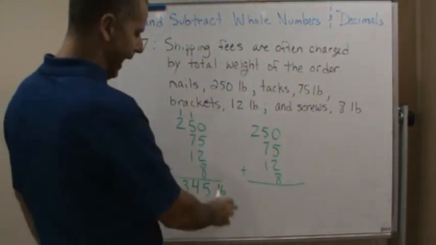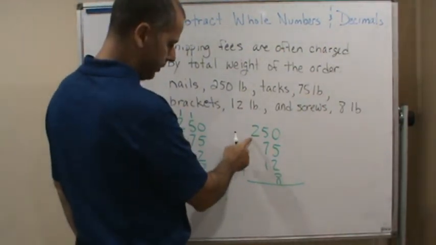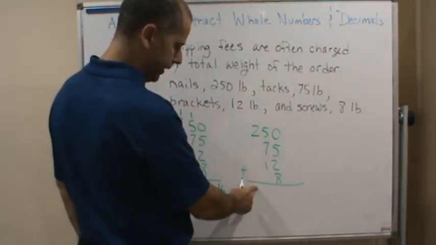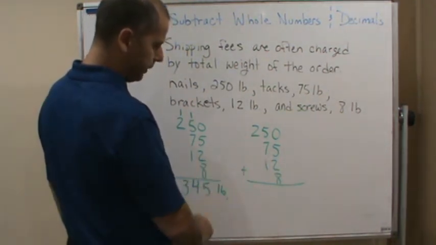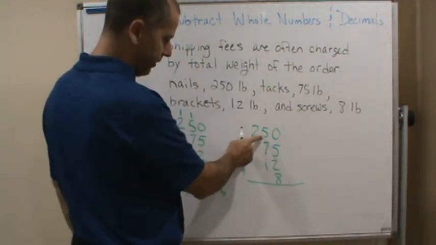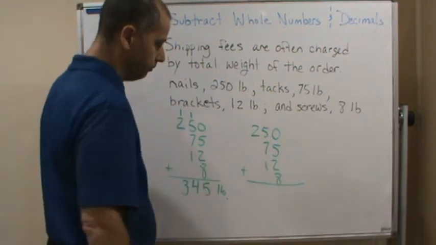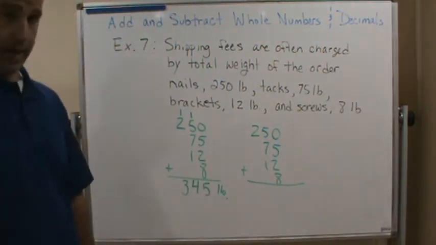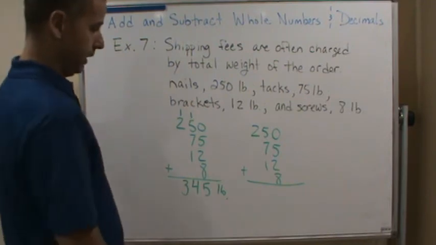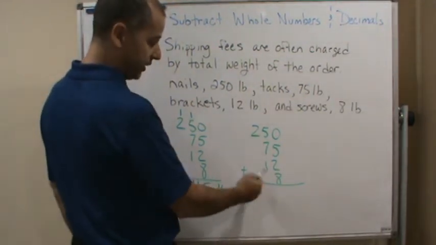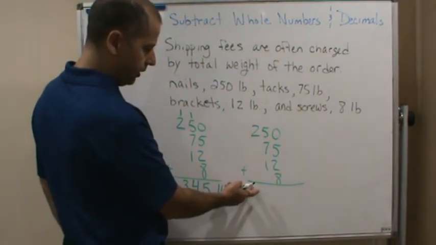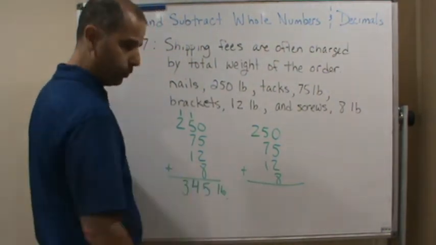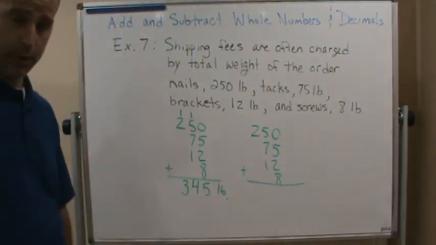If I add down, this becomes 200. Then if I add these together, I get 13, or actually 130. If I have 200 plus 130, that gives me 330.